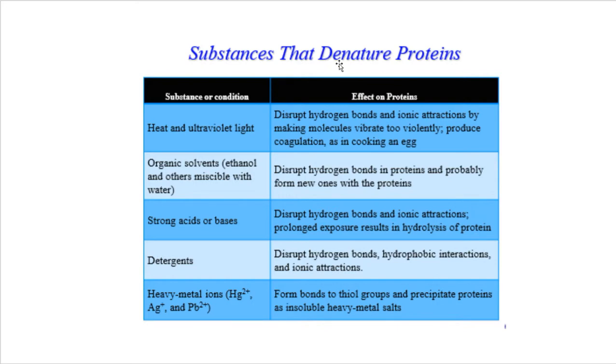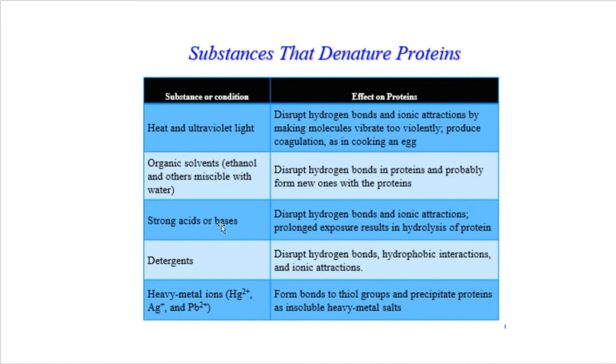Substances that can destroy the protein. Well, here you can see the heat and the ultraviolet light. The temperature is very important for the effect on proteins. Organic solvents, for example ethanol and others miscible with water, disrupt the hydrogen bonds.